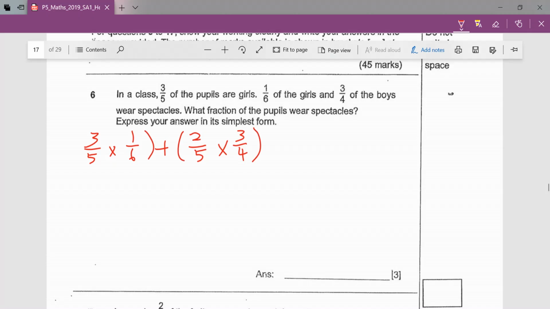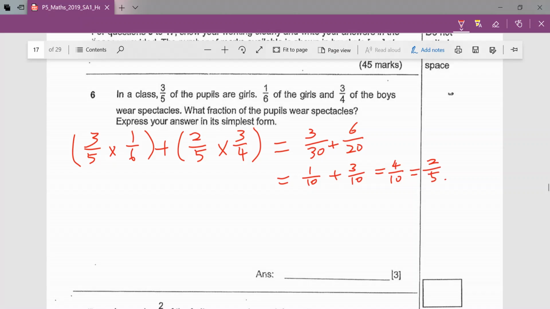I would just do this as a student, and I'll be able to get 3 over 30 plus 6 over 20, which if I simplify, will be 1 over 10 plus 3 over 10, that would be 4 over 10, and the final answer is 2 over 5.